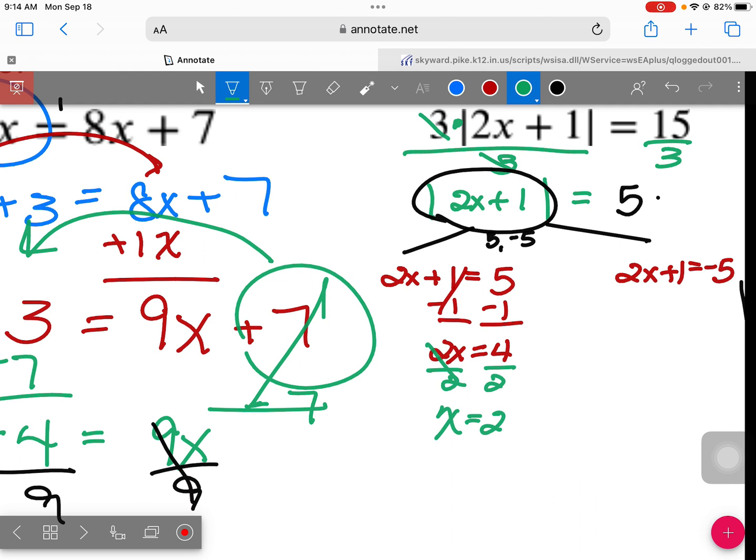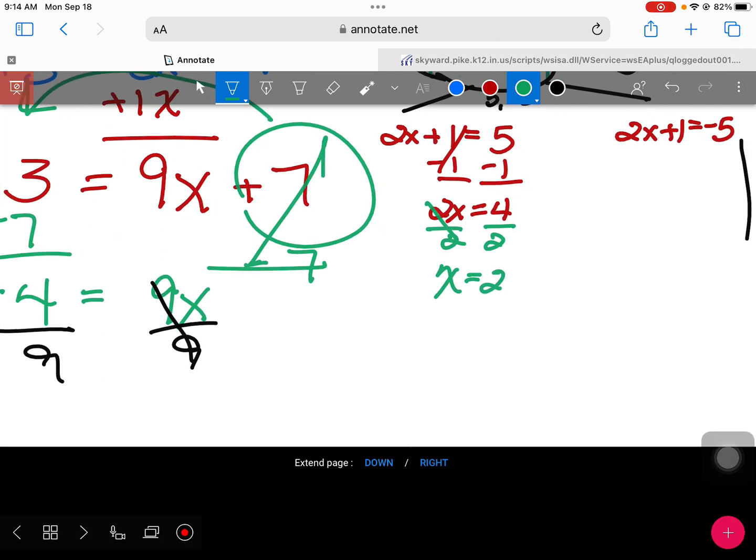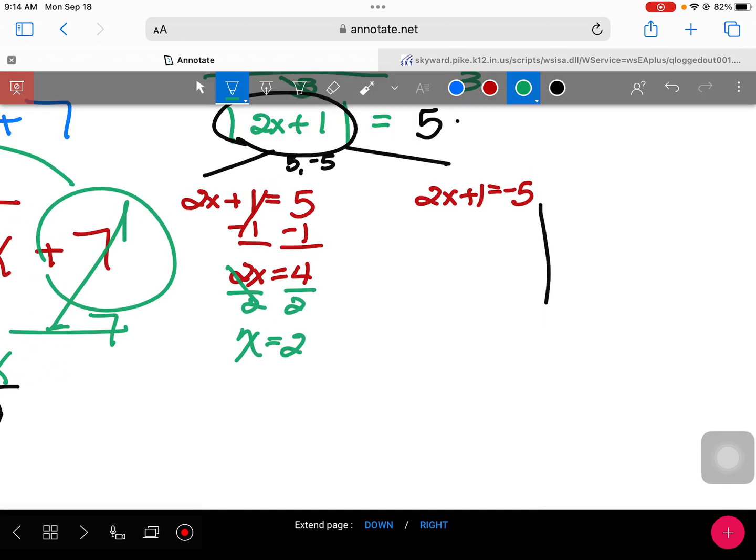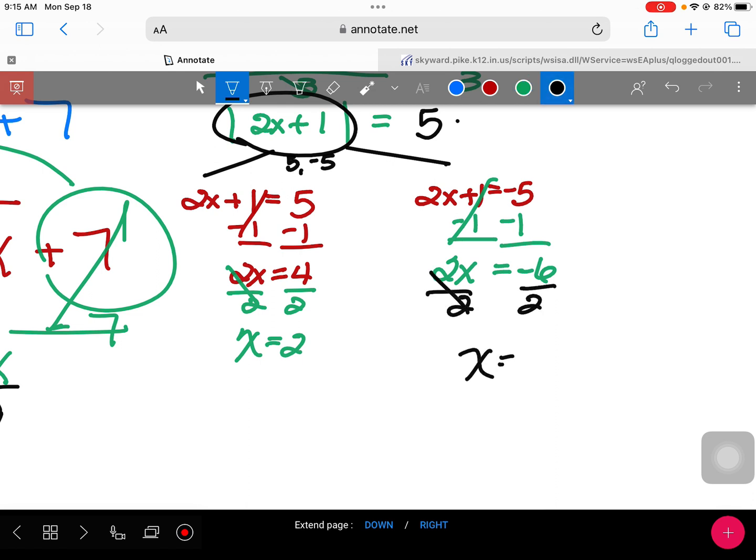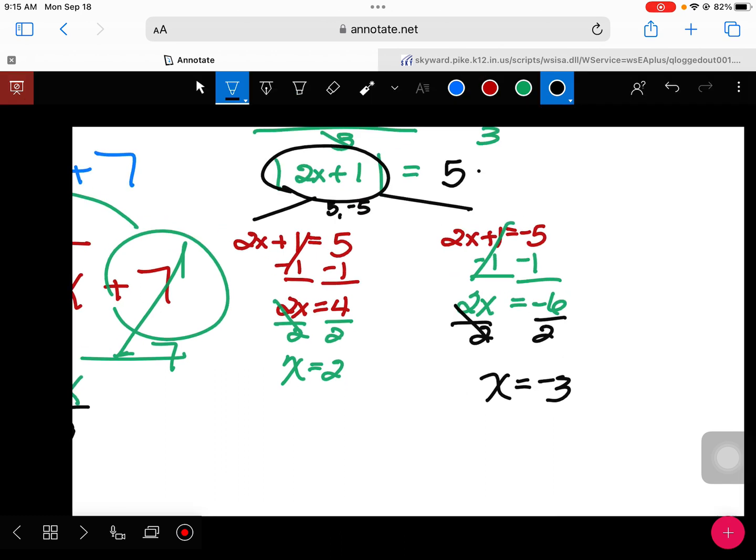So, let me see if I can do something. There we go. Get this out of the way. So I can subtract 1, subtract 1. 1's cancel out. 2x is equal to negative 6. Divide by 2, divide by 2. X is equal to negative 3.